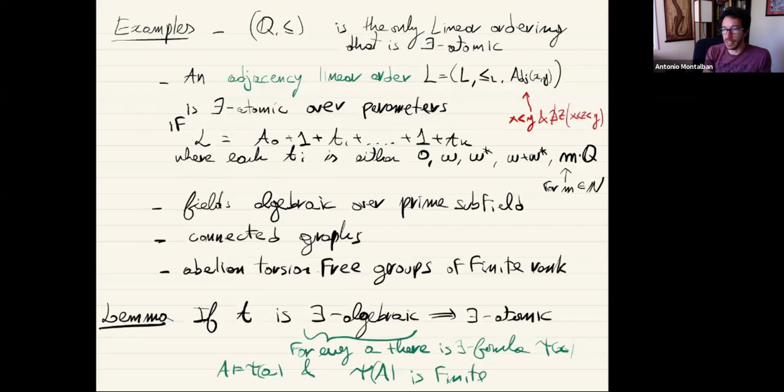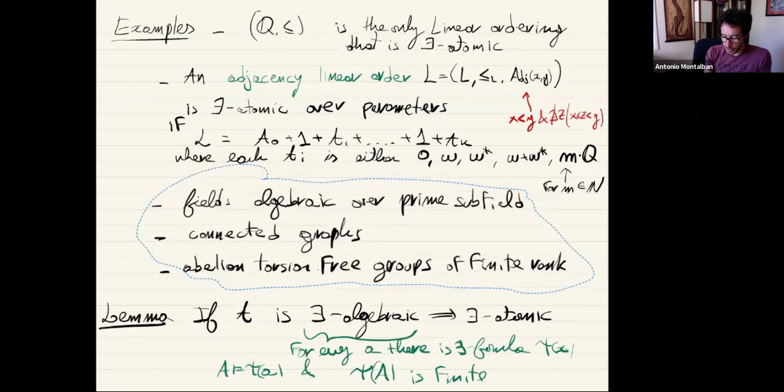So there are only finitely many things that make it true. A might not be definable. If every element is existentially definable, then of course you're existentially atomic, because you not only define the orbit, but you define the element itself. But in this case, you're not definable, but close. There is an existential formula that defines you up to finitely many. So that's existentially algebraic, and these guys are all existentially algebraic.